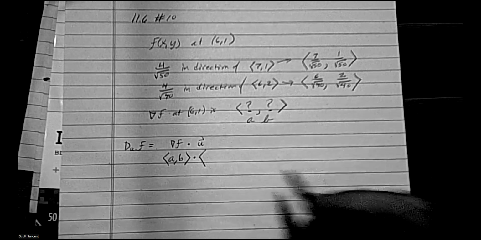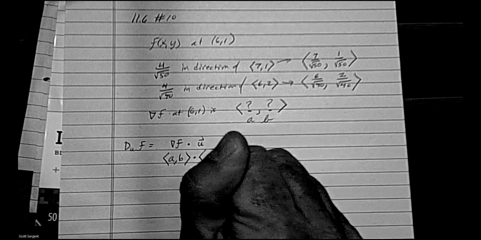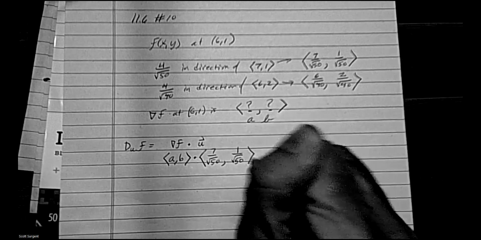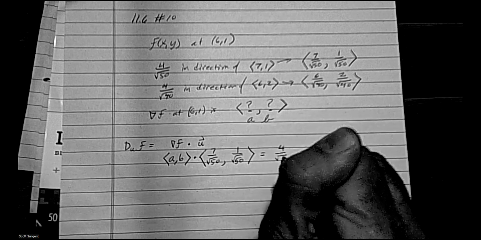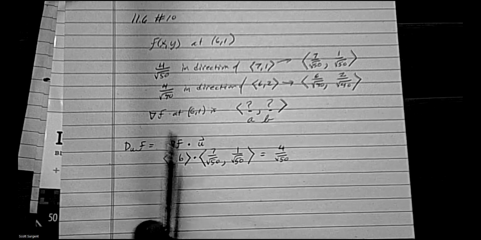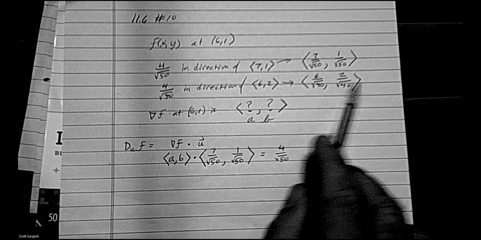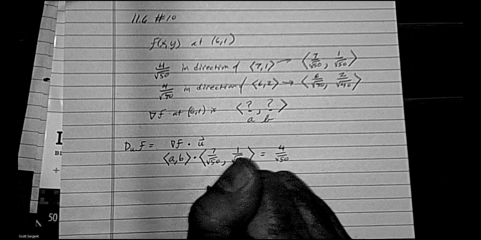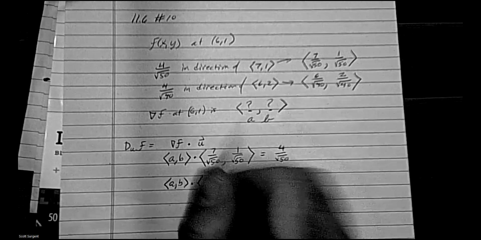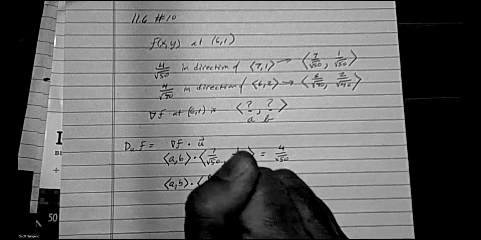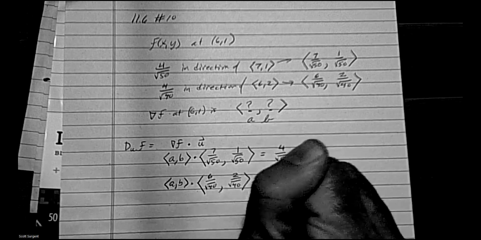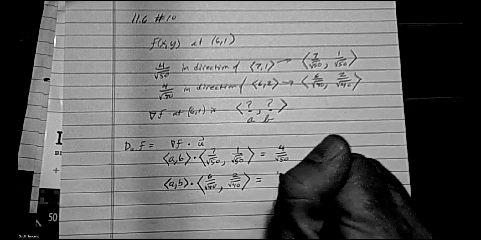It's going to be (7 over rad 50, 1 over rad 50), and that gives us 4 over rad 50 from here. And I'll do the same thing down here. I'm going to do the directional derivative with this vector, and it'll be (A, B) dot these two guys, 6 over rad 40, 2 over rad 40. And that's supposed to all equal 4 over rad 40.